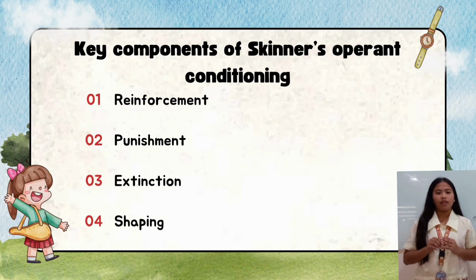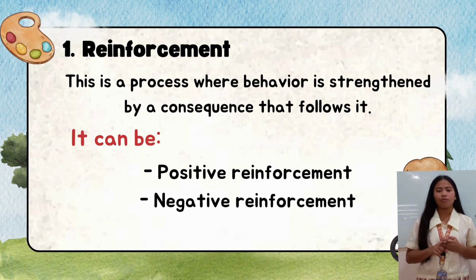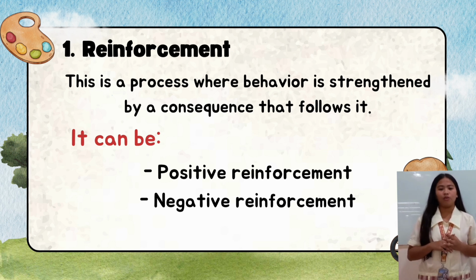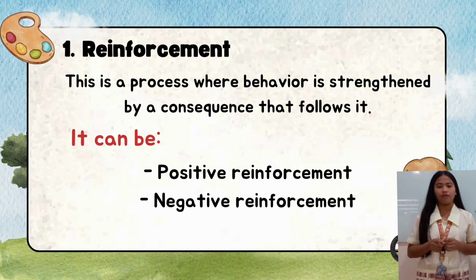Now let's proceed to the four key components of Skinner's operant conditioning, which are reinforcement, punishment, extinction, and shaping. Reinforcement is a process where behavior is strengthened by a consequence that follows it. It can be positive reinforcement or negative reinforcement.